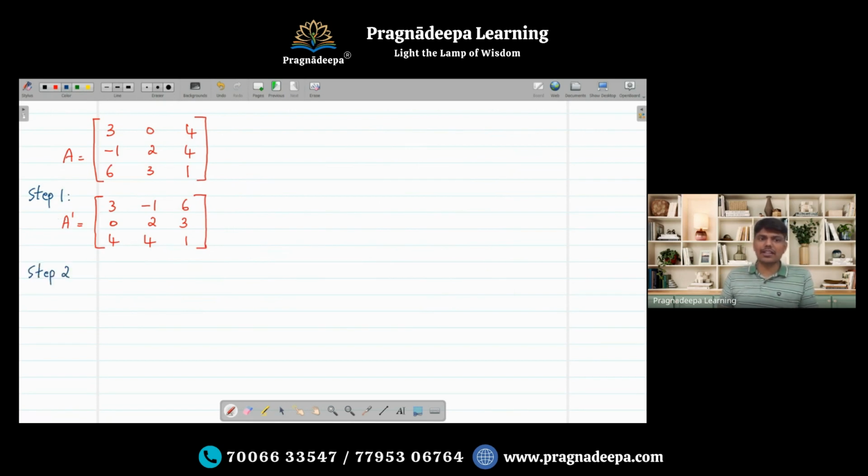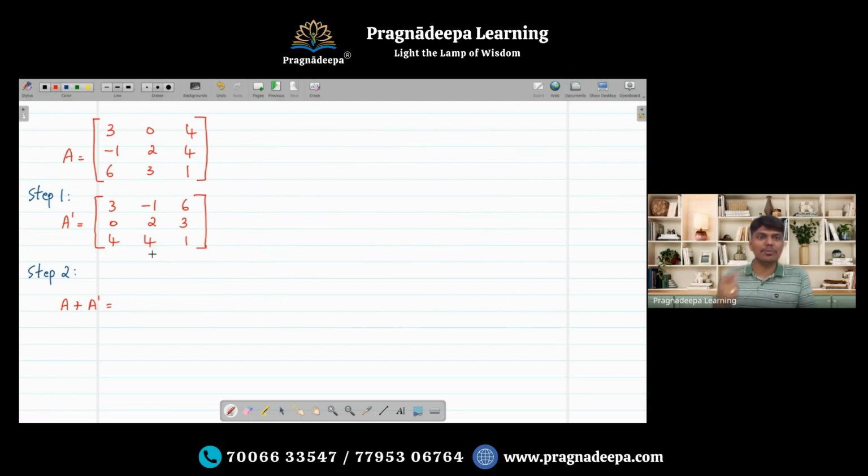In step 2, I am simply calling it step 1, step 2. Maybe if you are a computer science background student, you can understand that I am writing an algorithm or a flow chart for a given problem to study. I calculate A plus A dash. Of course, A is not symmetric, but A plus A dash is symmetric, that we know.